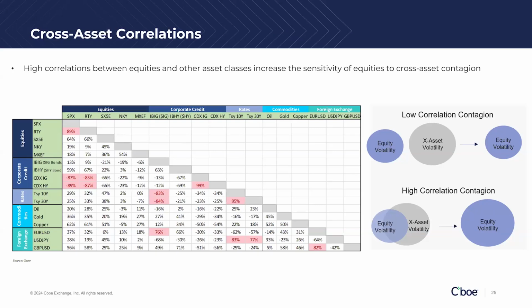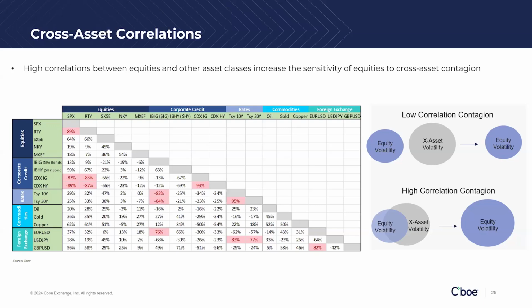But you can see on the graph on the bottom right, when there's an overlap of the two markets, when there's a transference of volatility from another asset class onto equities, it tends to inflate equity volatility, oftentimes very significantly.